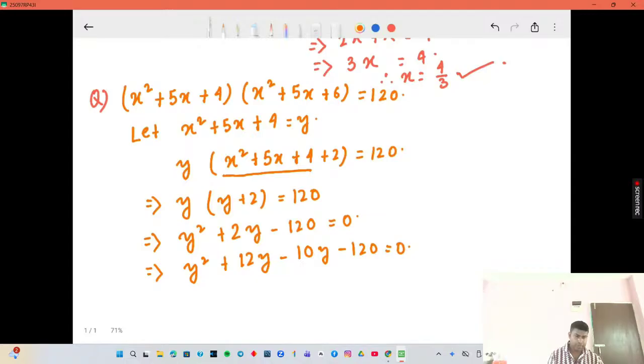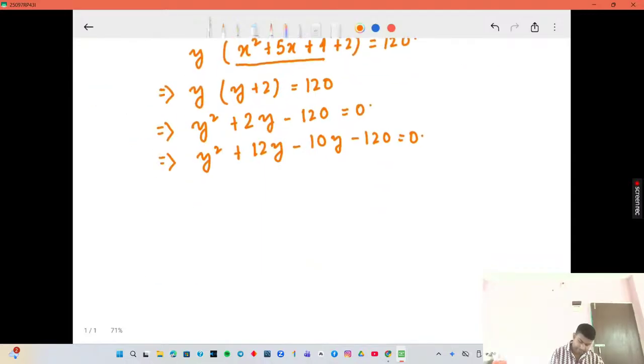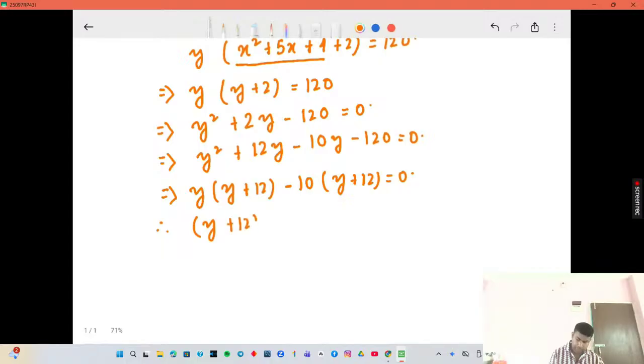So now what we can do? y into (y plus 12) minus 10 (y plus 12) is equal to 0. Therefore (y plus 12) and (y minus 10) is equal to 0. Therefore y is equal to minus 12 and y is equal to 10.